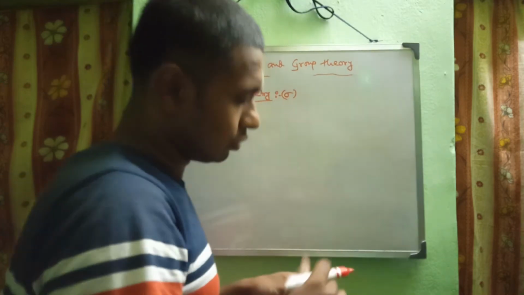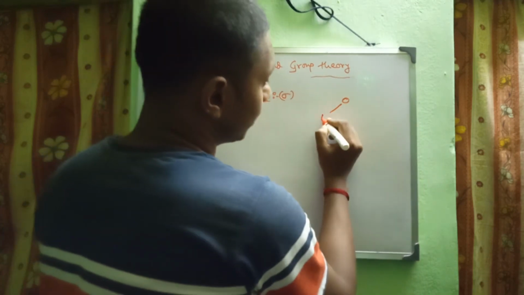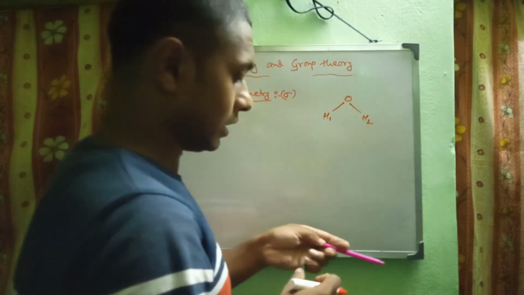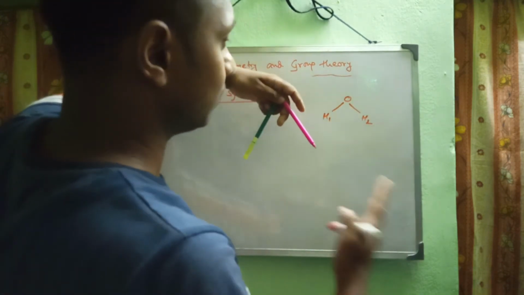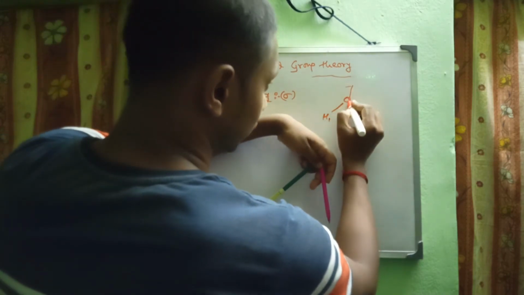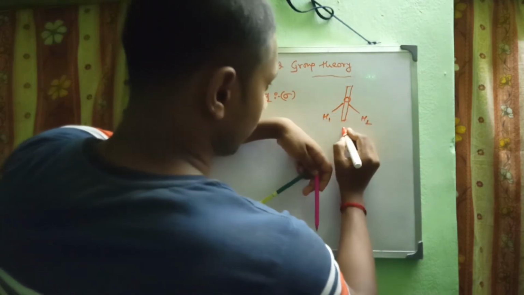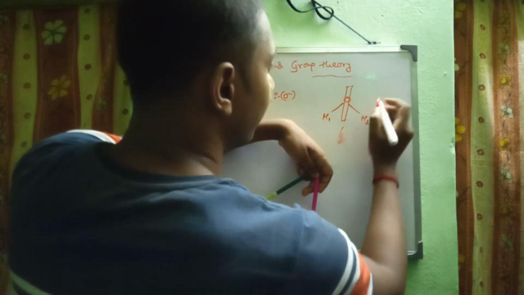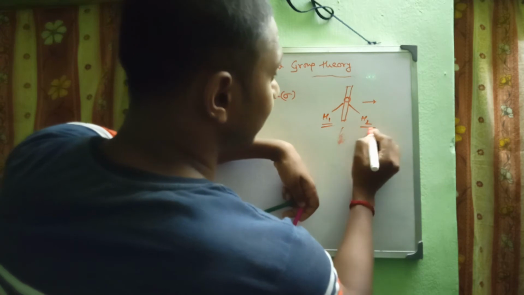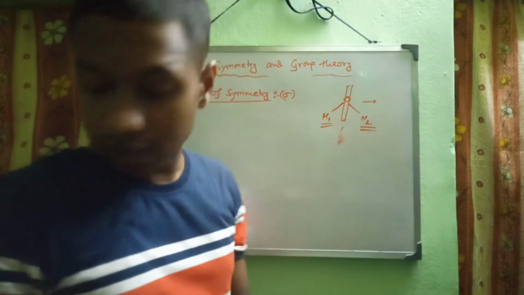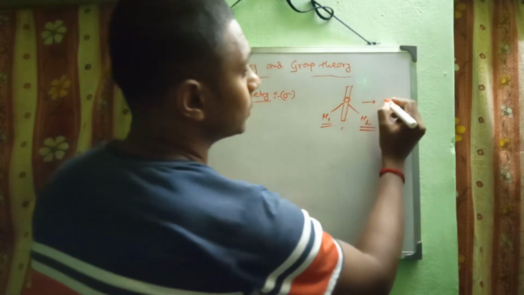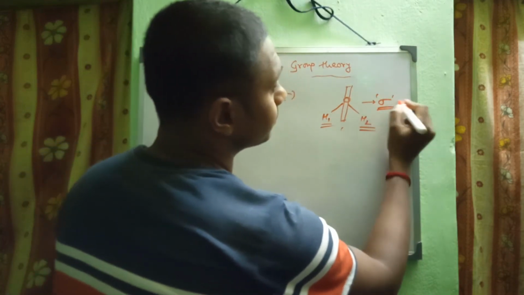For example, if we take water molecule as an example, H1, H2, just like that. If we put a plane passing through this oxygen atom, what do we get? Then this half will be exactly the mirror image of this half. Clear? So water molecule has a sigma.